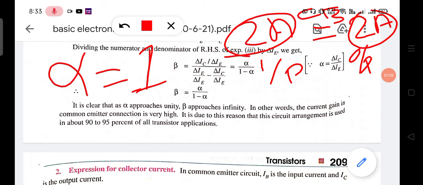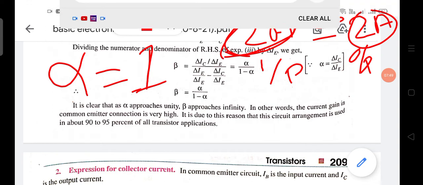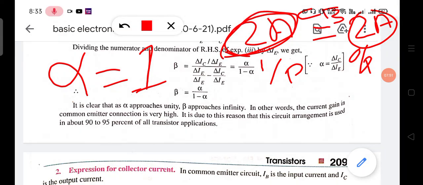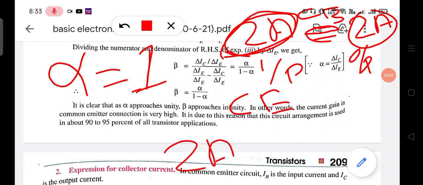So there is no use of this amplification, or of this transistor connection, because we get as much output as we apply, so we don't need any circuit between them. But in the common emitter case, if we apply 2 ampere, we get very high output, let's say 2000 ampere or 200 ampere.